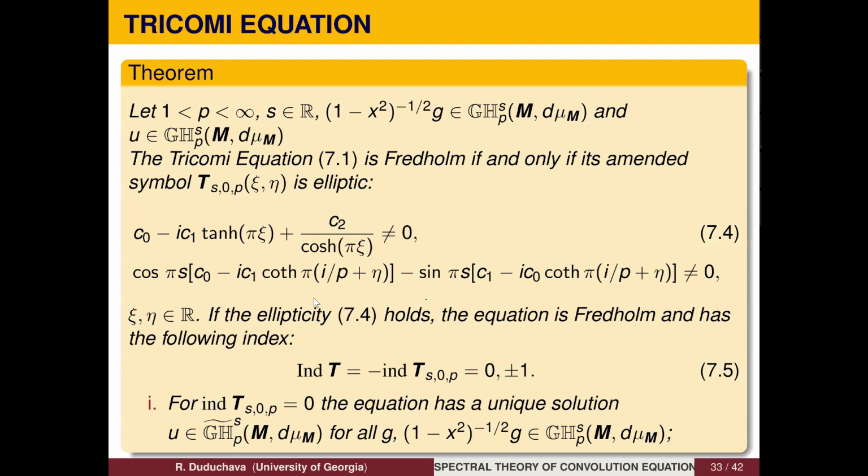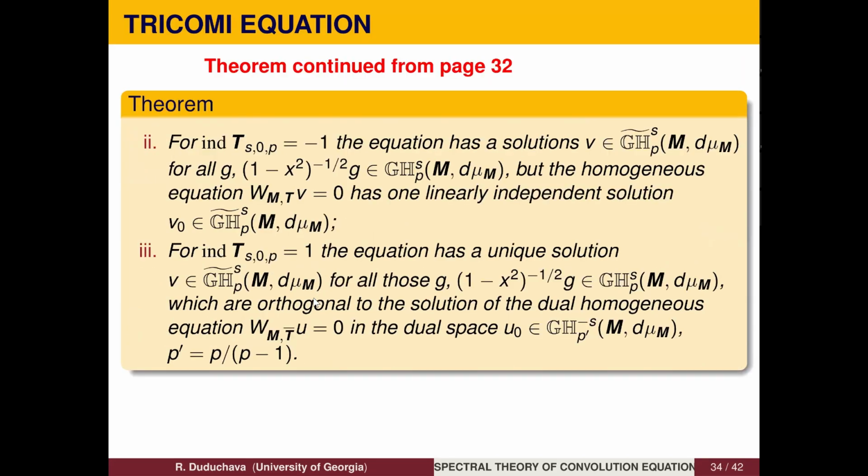The equation is Fredholm if and only if the symbol is elliptic, and if the symbol is elliptic, the index of the operator is equal to the index of the function. It is 0, +1, or -1. And again, if the index is 0, then it's uniquely solvable, and so on. All this holds here also.